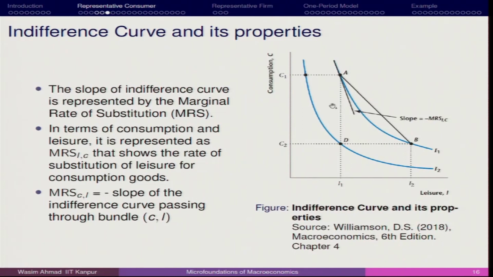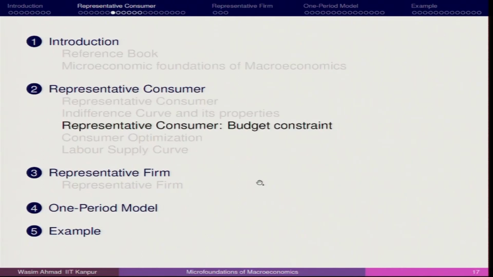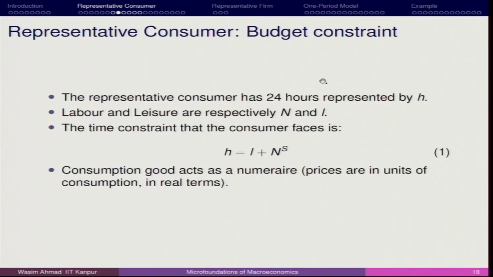If you go from point A to point B, here you have the rate of transformation of both these goods. At B you have less consumption, more leisure. At point A you have more consumption, less leisure. Then we are working out.